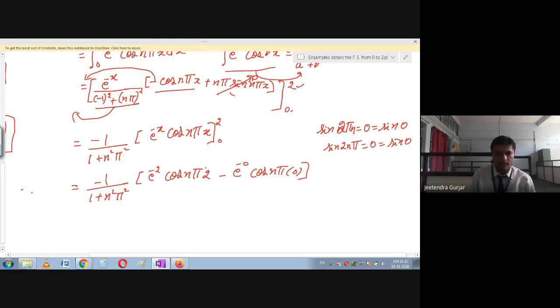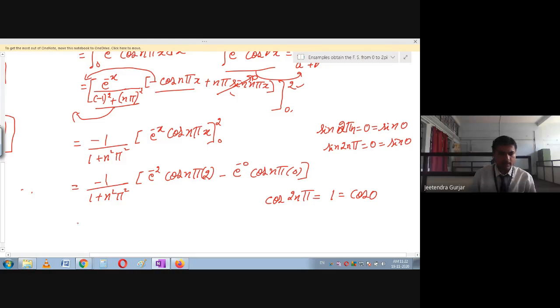So I have substituted 2 and 0. Again identify which formula you can use: cos 2n pi is always equal to 1, which is again cos 0. So cos 0 is 1, and cos 2n pi is also 1, students.